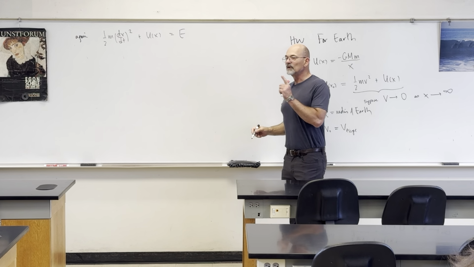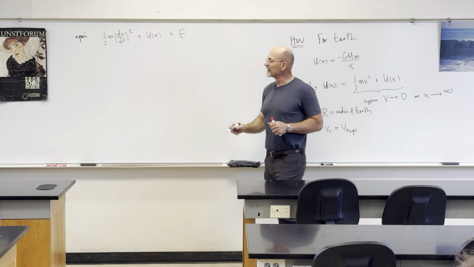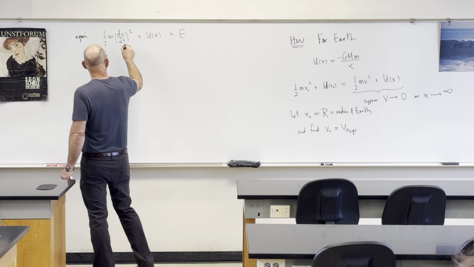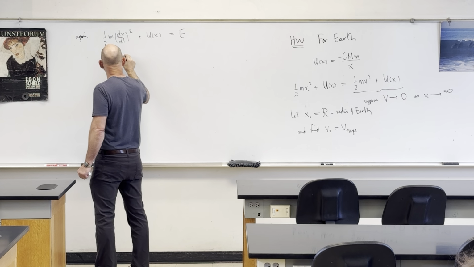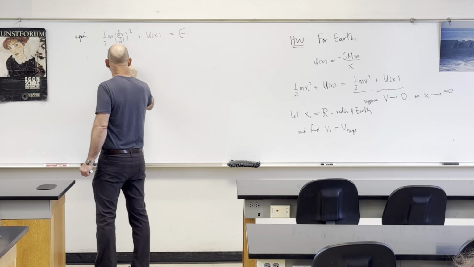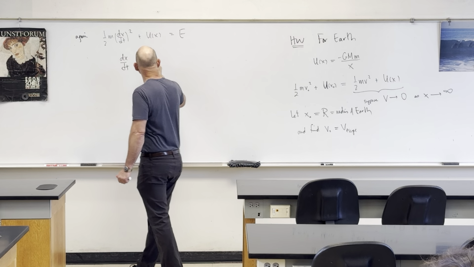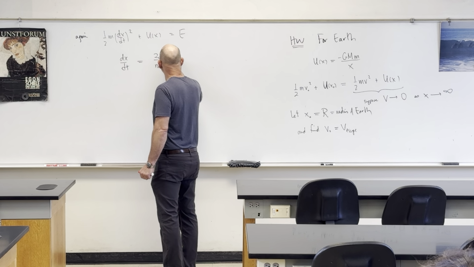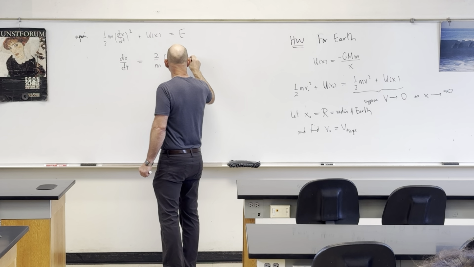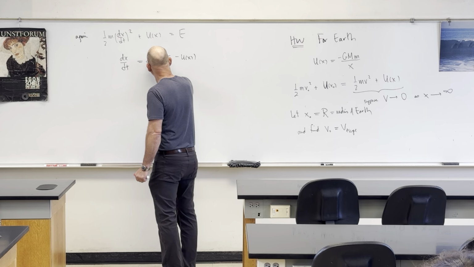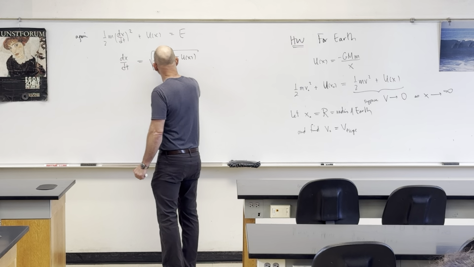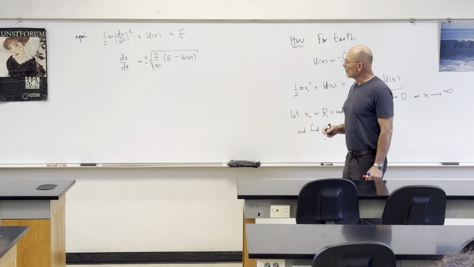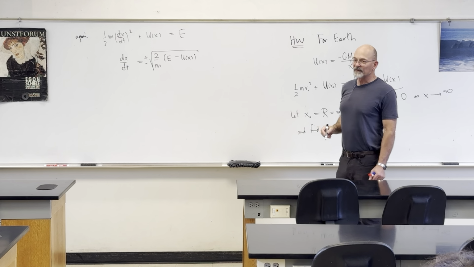This time we're going to do the separation of variables on this, okay? And the separation of variables is going to give us the following. We've got dx over dt equals plus or minus the square root of 2 over m times E minus U of x. So what would we do for separation of variables?